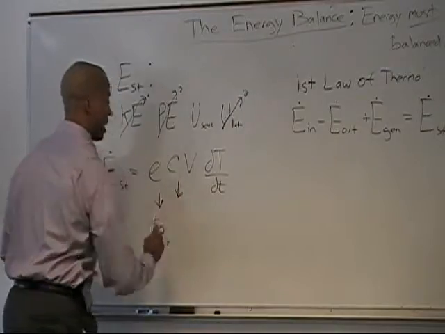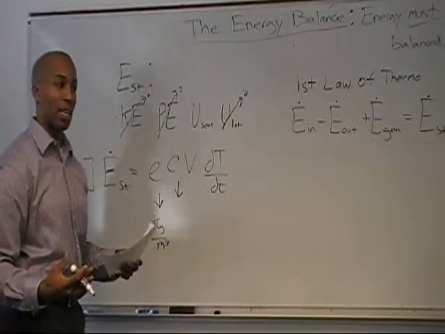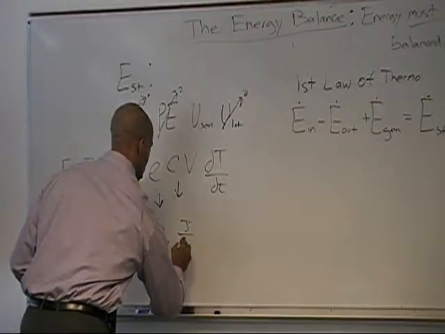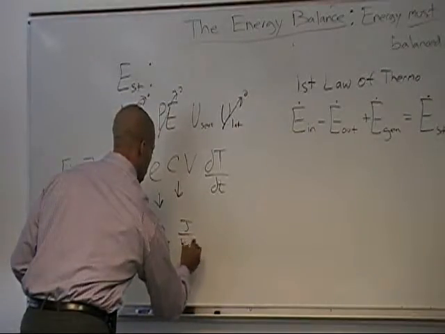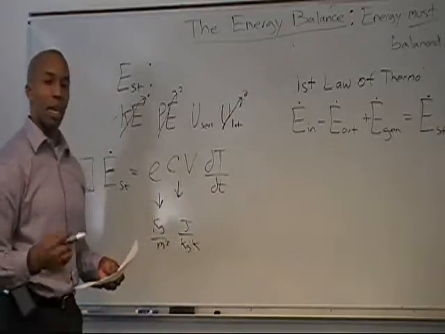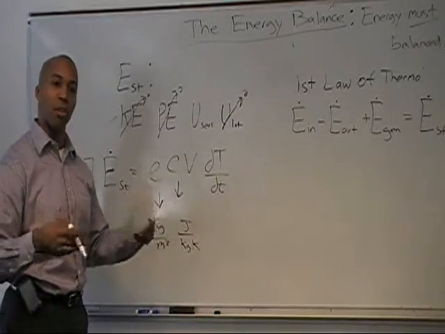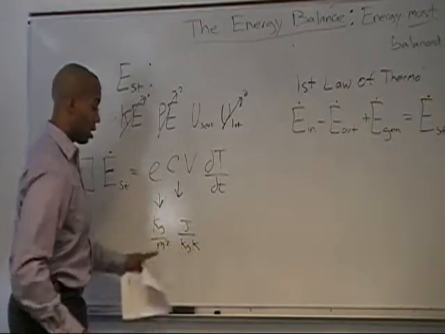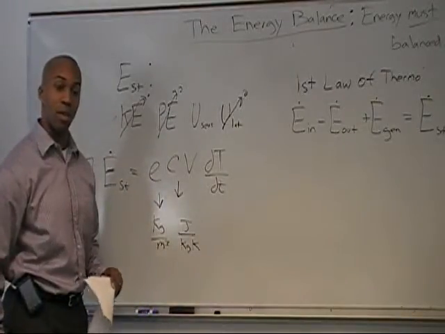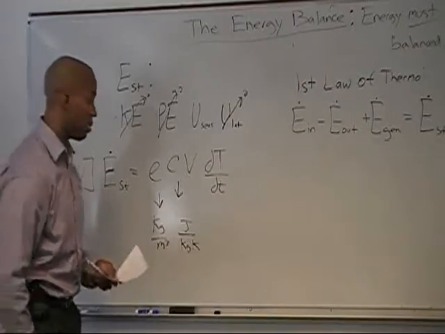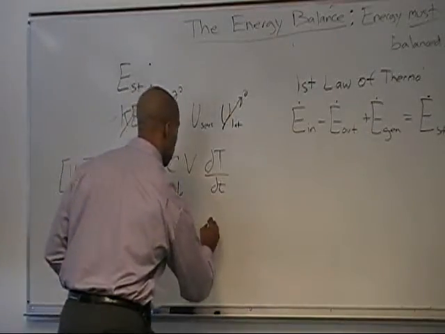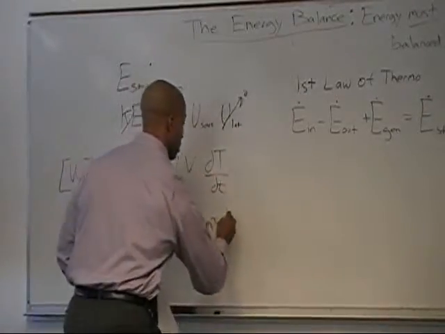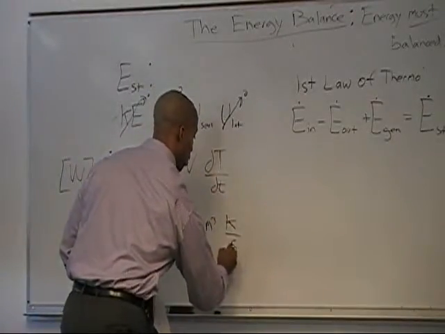We have specific heat, which is basically the amount of energy required to raise a kilogram of material by a degree of temperature. So it has units that look like joules per kilogram per Kelvin. Then we have volume, meters cubed, that's easy. And then we have temperature over time, so Kelvin per second.